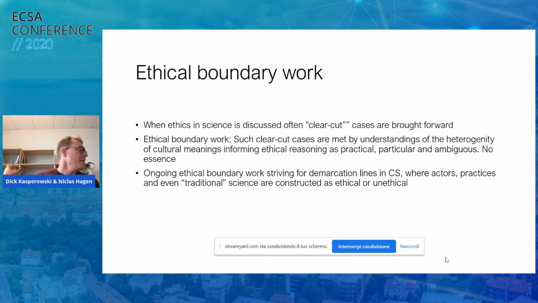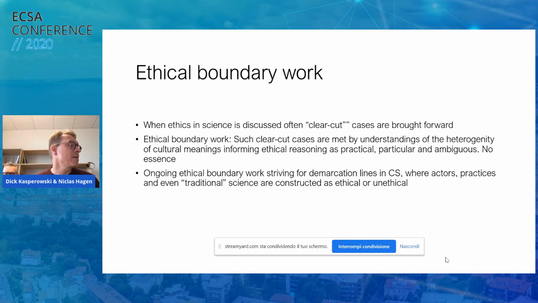Now, if we extend the notion of boundary work into the ethical realm, we have something called ethical boundary work. When ethics in science is discussed in traditional ways, it is also through clear-cut cases that are brought forward. In contrast, ethical boundary work stresses that ethical reasoning can be seen as practical, particular, and also ambiguous.